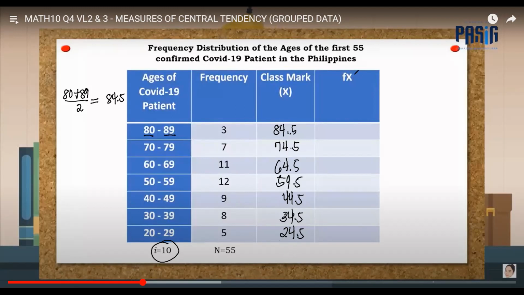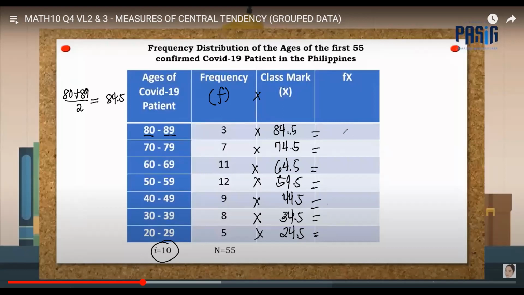Okay? Then how about for the f times x? Ang gagawin nyo lang dyan, frequency, ito yung frequency, times the x. So i-multiply nyo lang yan. Pag na-multiply nyo na yan, dito nyo ilalagay yung answer.